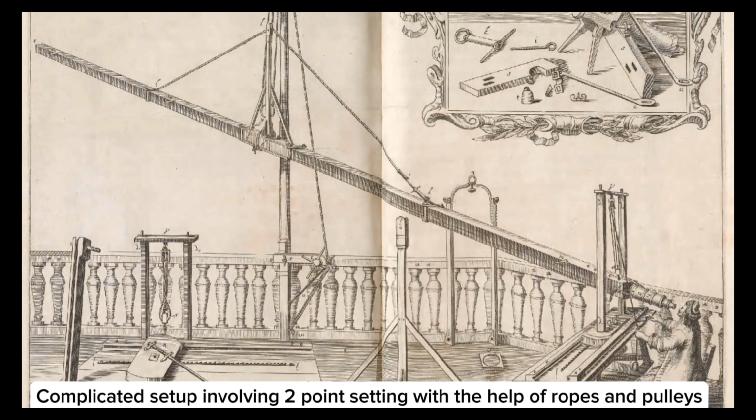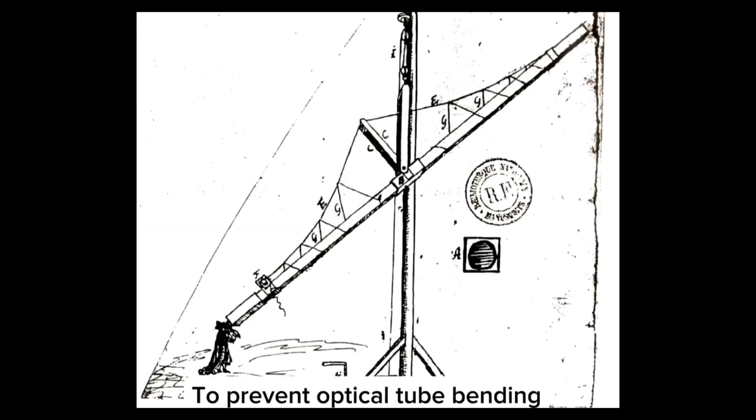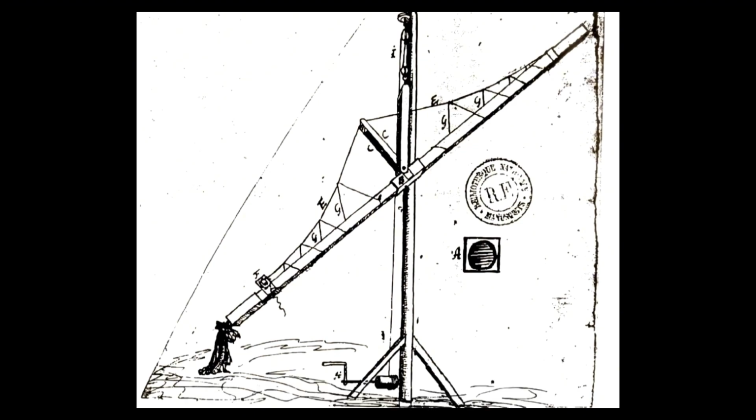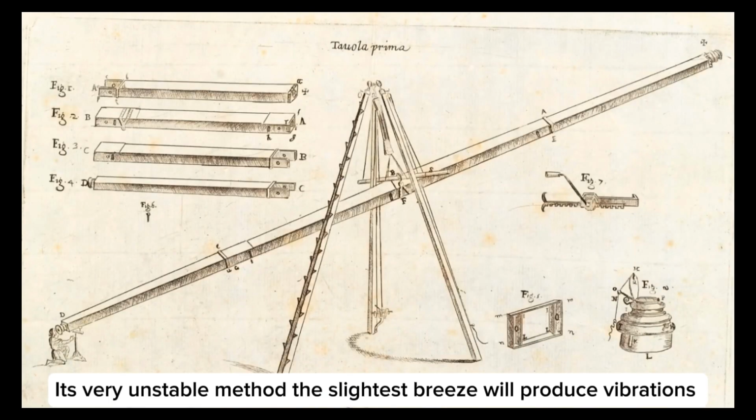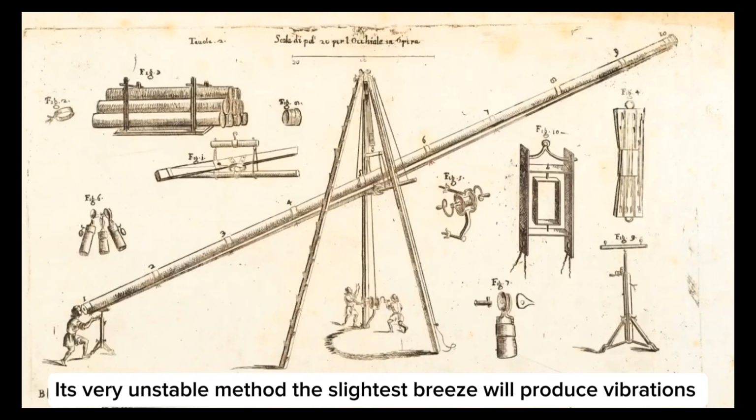You have a mounting system that involves ropes and pulleys to actually orient the telescope, and a mounting setup at the eyepiece. These are very huge instruments, and the slightest breeze can produce huge and powerful vibrations.